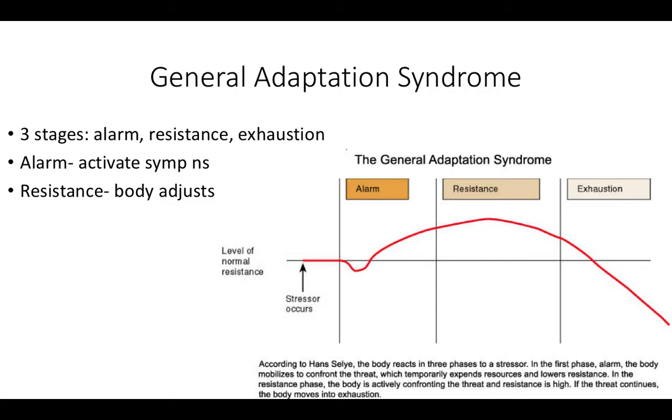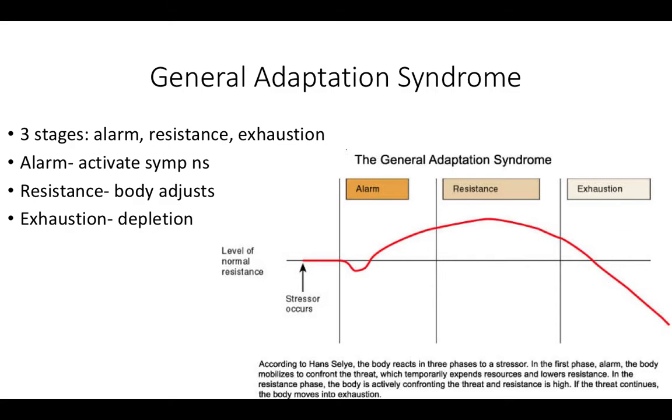Eventually, the threat is diminished, or you will not be able to maintain that. And that's when you enter the exhaustion phase. And your body's reserves are depleted, and your ability to restore worn out tissue is diminished.